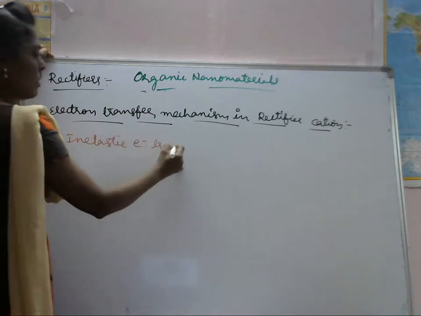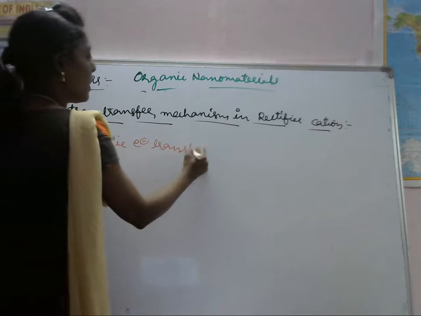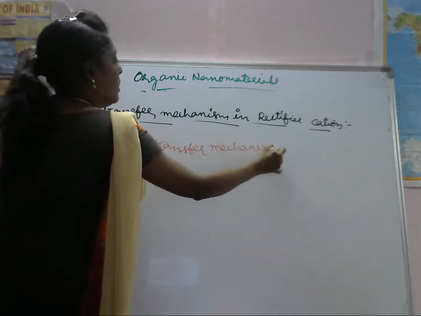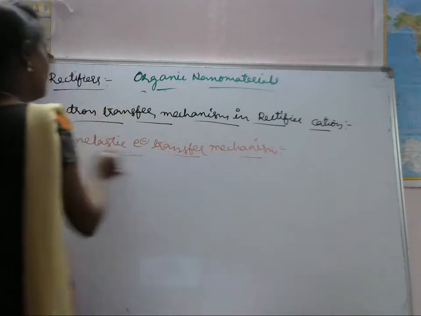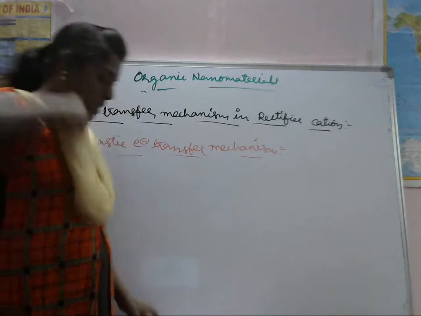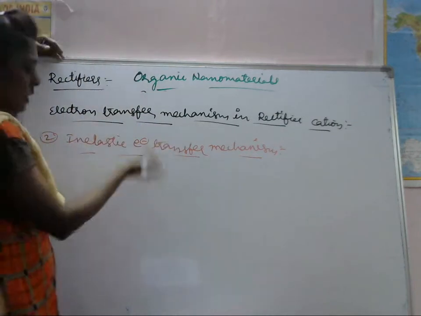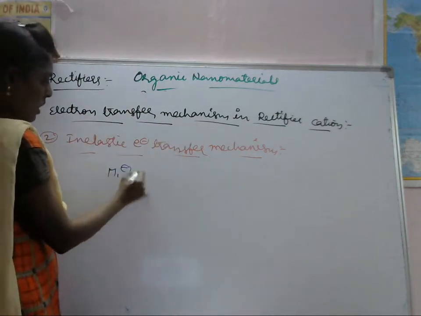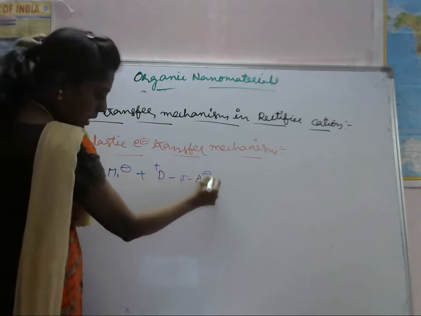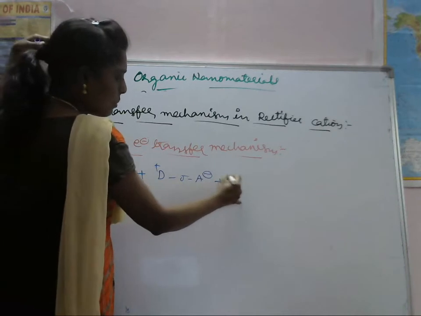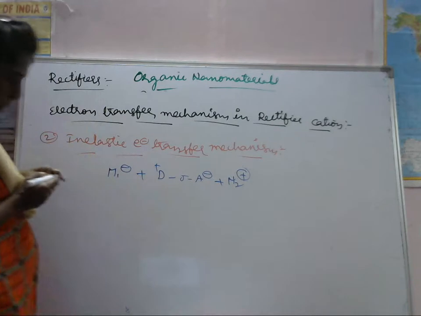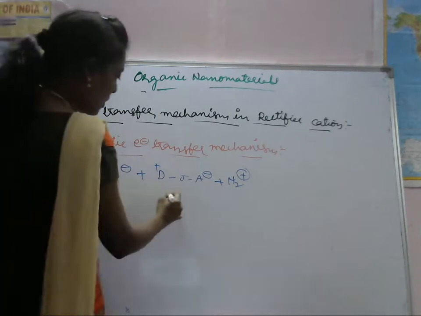Let's see how it works. Actually we have to take the previous one, M1 minus, and we have D plus sigma A minus plus M2 plus.